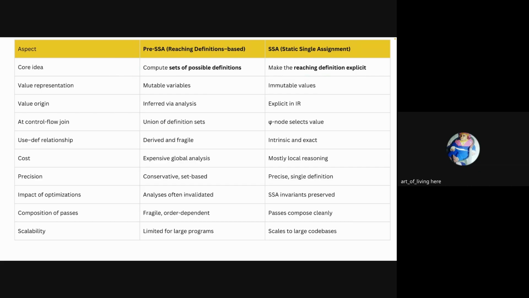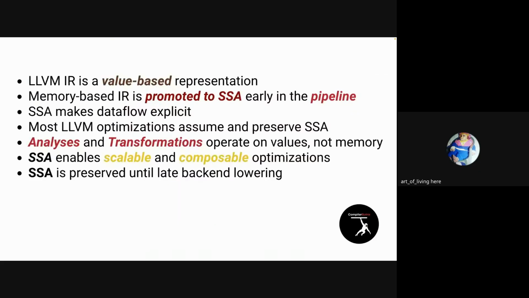Analysis and transformation passes, they also operate on memory, right? For example, alias analysis. They work on both register and memory, I think. It says they operate on values and not memory. Analysis and transform passes, yeah, they operate on values. I have never seen any pass operate on memory. I've seen them mostly on values, so I mentioned that.